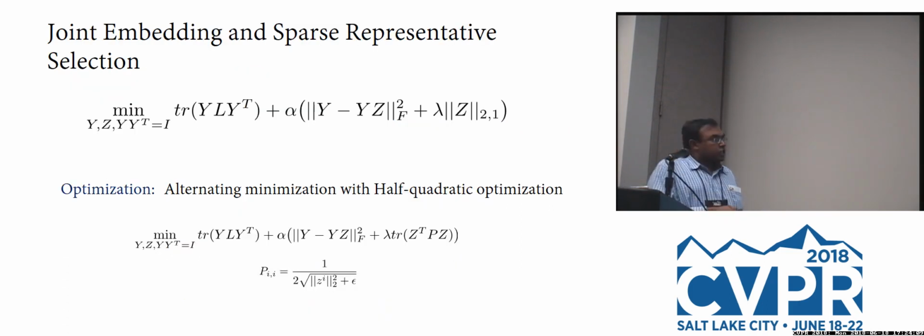So the 2 parts here, so we have to learn this embedding, and we have to do the representative selection. So the representative selection we've talked about earlier, and that part is very similar to what has been talked about multiple times in this tutorial. So we have a reconstruction term, a sparsity term, but on top of it we have an embedding term.